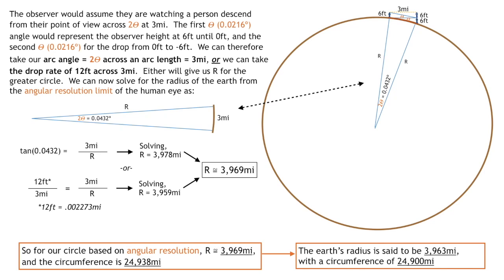The first theta, 0.0216 degrees, would represent the observer height at 6 feet until reaching 0 feet, and the second theta for the drop from 0 feet to -6 feet. So we can therefore take our arc angle of 2 theta across an arc length of 3 miles, or we can take the drop rate of 12 feet across 3 miles. Either will give us r for the greater circle.